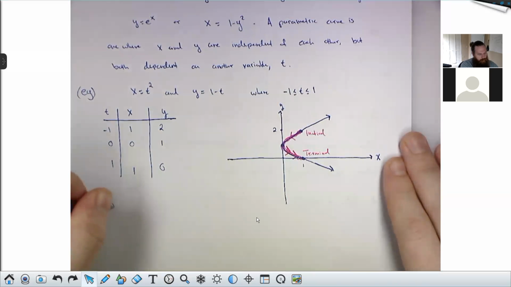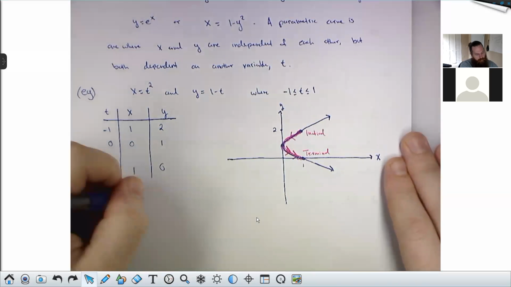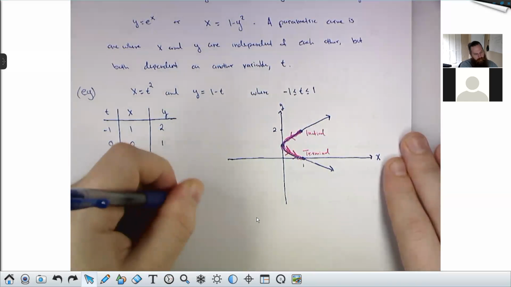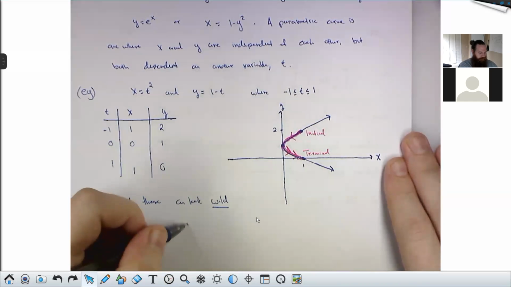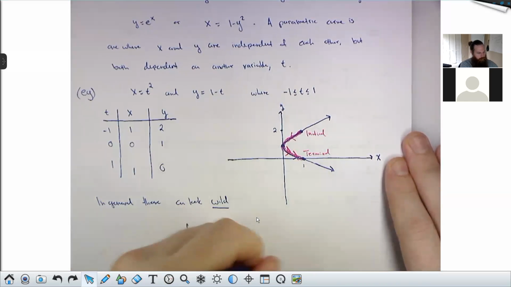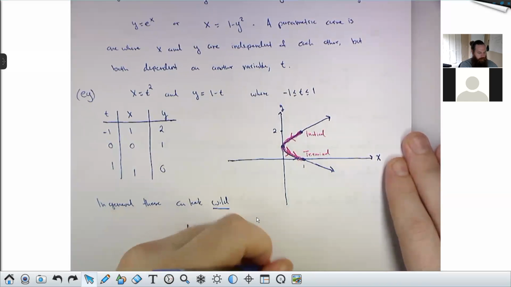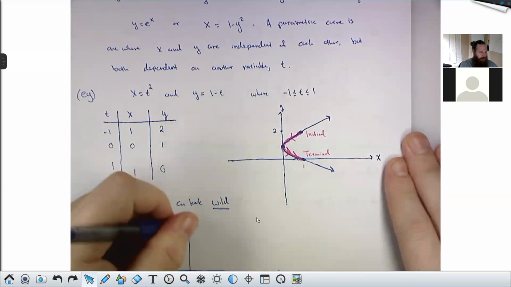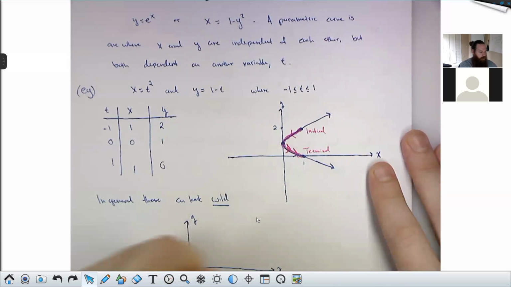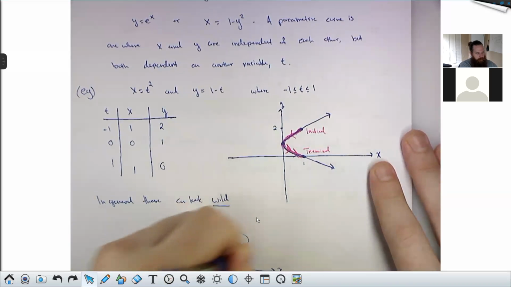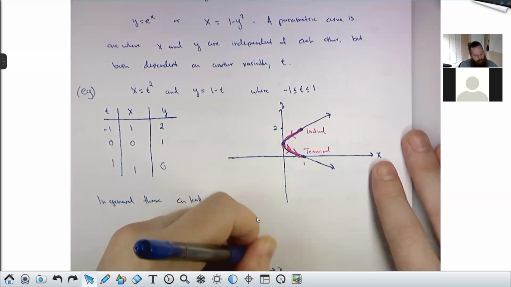In general, these can look like anything. Again, this is the x-axis, this is the y-axis, there is no t-axis. Your curve could meander all over the place and do whatever it wants.